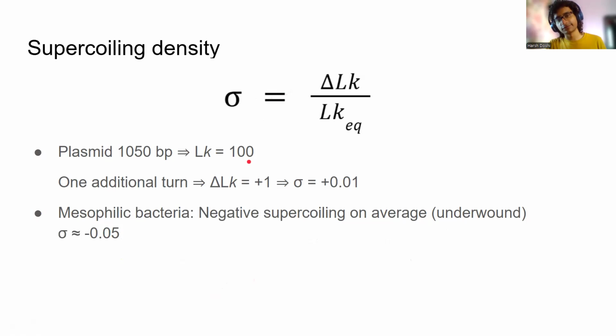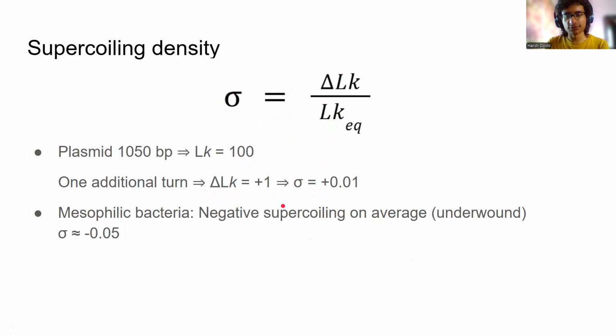Now, if we impose an additional twist by doing an operation on the circular chromosome, so we impose one additional right-handed twist, our excess linking number becomes +1. Now the supercoiling density, which is defined by this ratio, becomes 0.01 with a positive sign.